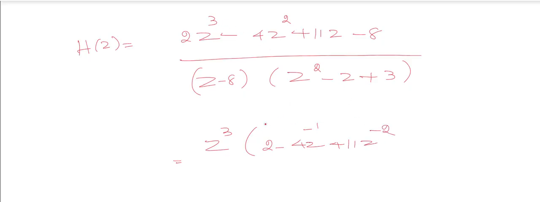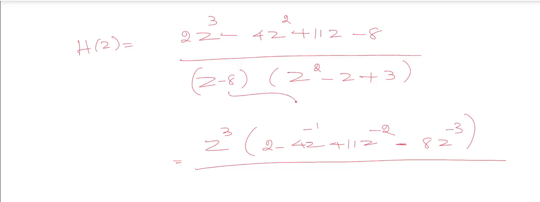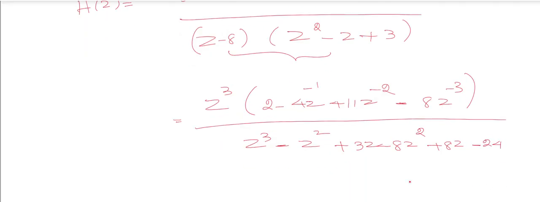Then multiply these two: z cube minus z squared plus 3z minus 8z squared plus 8z minus 24. Simplify this.